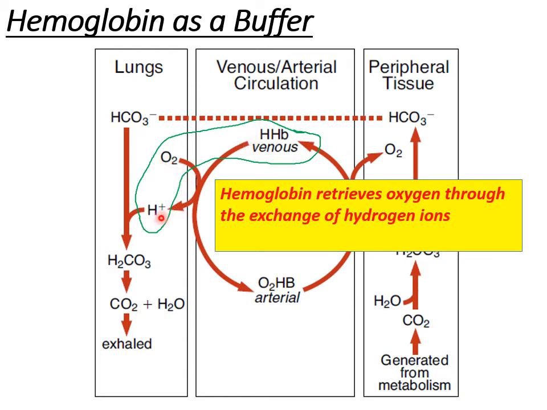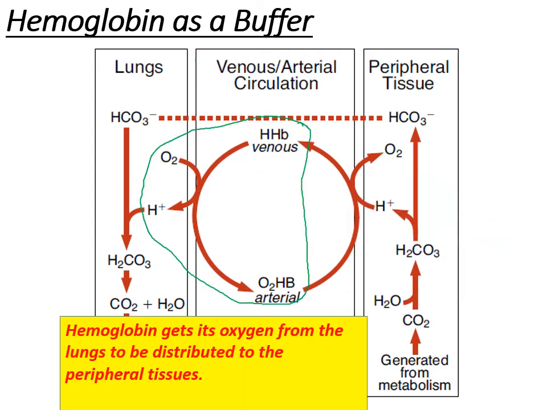So, mag-exchange yan. Kukunin yung oxygen, ibibigay niya yung hydrogen sa lungs. So, we have to take note that hemoglobin is the most common plasma protein that can act as a buffer of your blood pH.